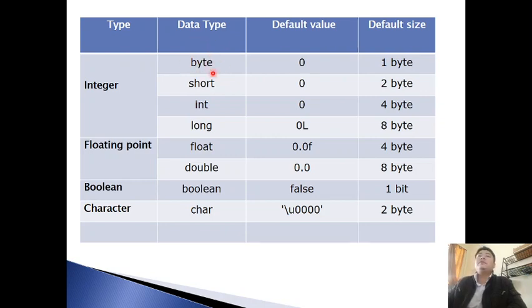The size of this kind of data type is 1 byte. Coming to floating point, it's float and double with 4 and 8 bytes respectively, not changed unlike in C++. Boolean is 1 bit, it stores either the value true or false, and the character is 2 bytes, not 1 byte.